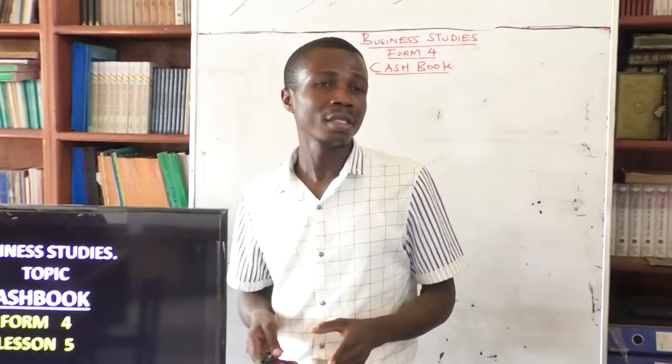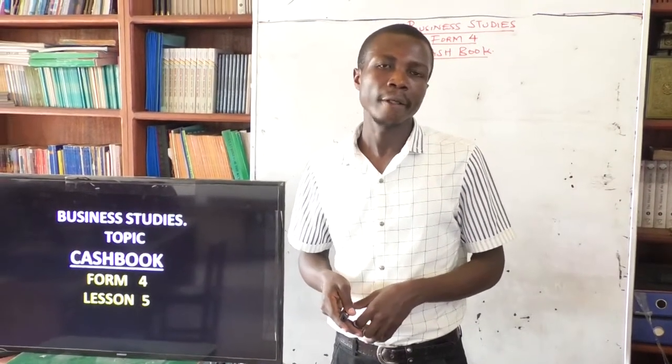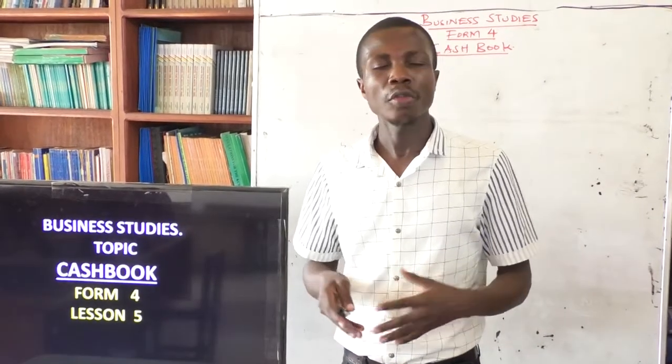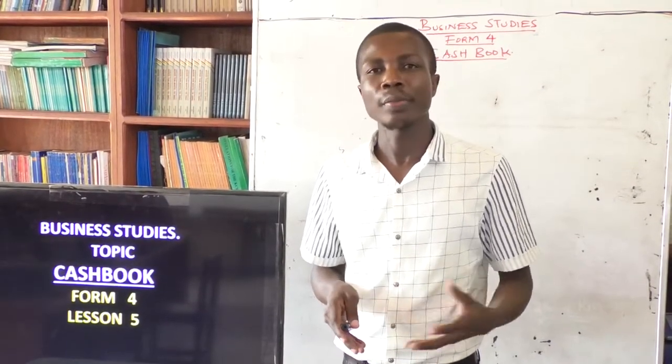It's always kept by the owner of the business or the topmost manager, the people who know the secret. So first we look at what it is, then the purpose of preparing it, then later how to prepare it.